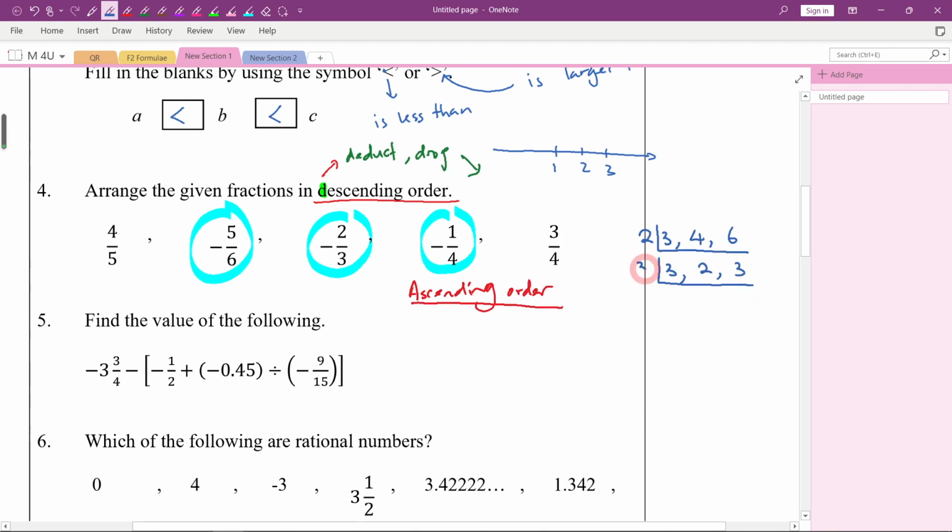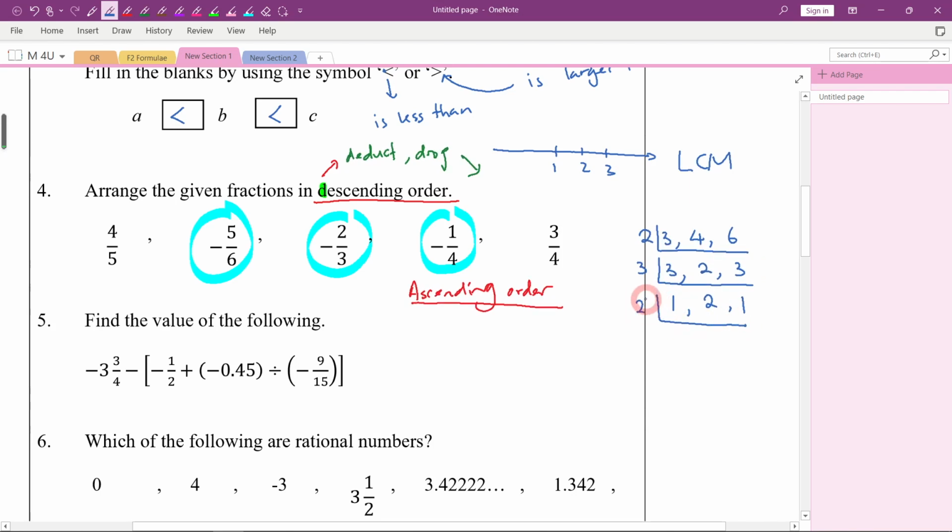I just divide them by 3. 3 divided by 3, you will get 1. 2 cannot divide by 3, it is okay, you just bring it down. For LCM, you can bring it down when you cannot divide it. HCF cannot, okay? So 2 cannot divide by 3, we just bring the 2 down. 3 divided by 3, you will get 1.